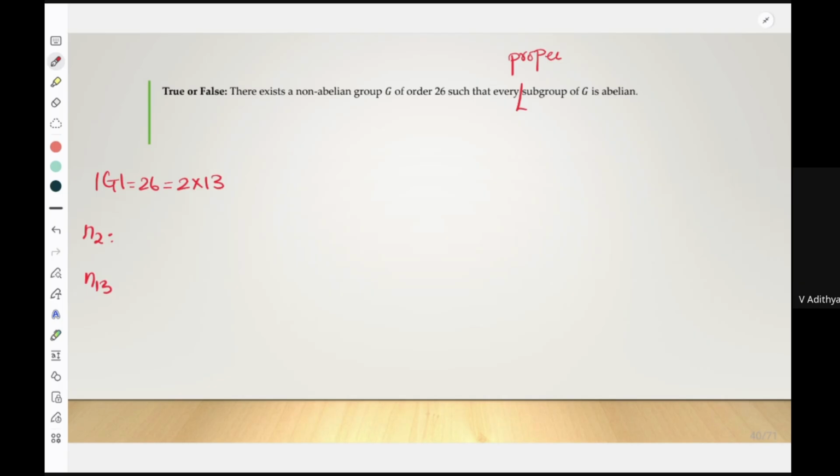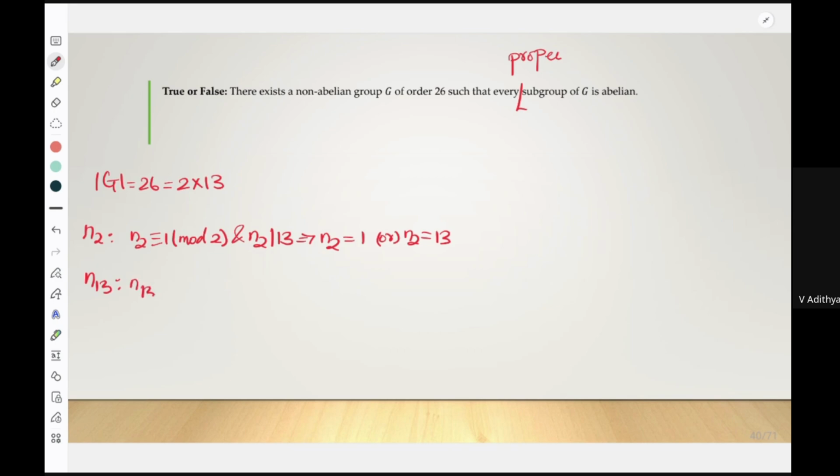Trivially. Even in this case, we don't know whether it's true or false, but in this case, we can at least try. Right? So we have N2 is congruent to 1 mod 2 and N2 divides 13. This implies N2 is 1 or N2 is 13.